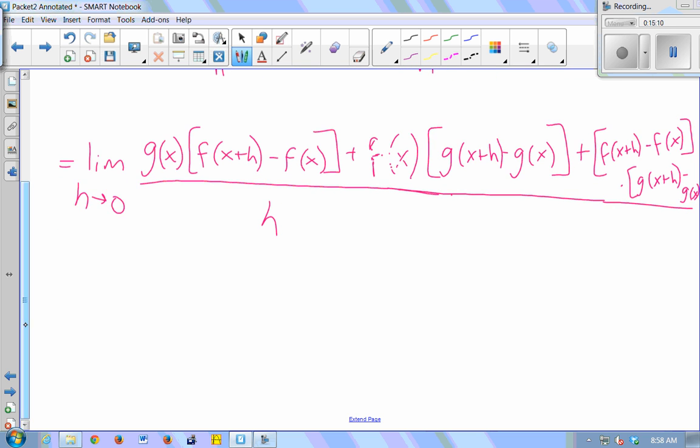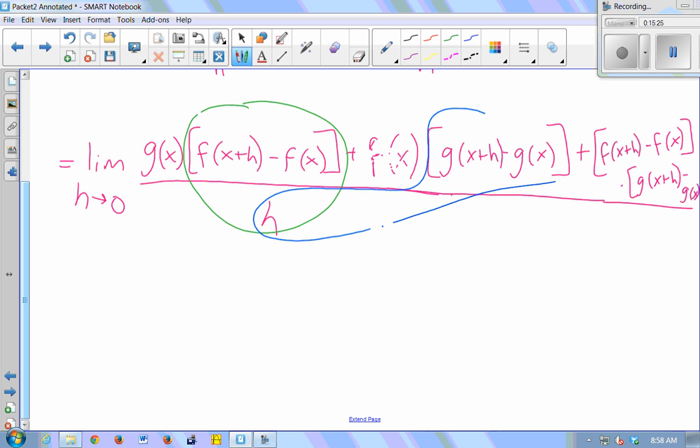All right, now we should see some derivatives. This is f prime. This is g prime as h goes to 0, right? Now when I take the limit, I let h go to 0. I have an f prime and a g prime.